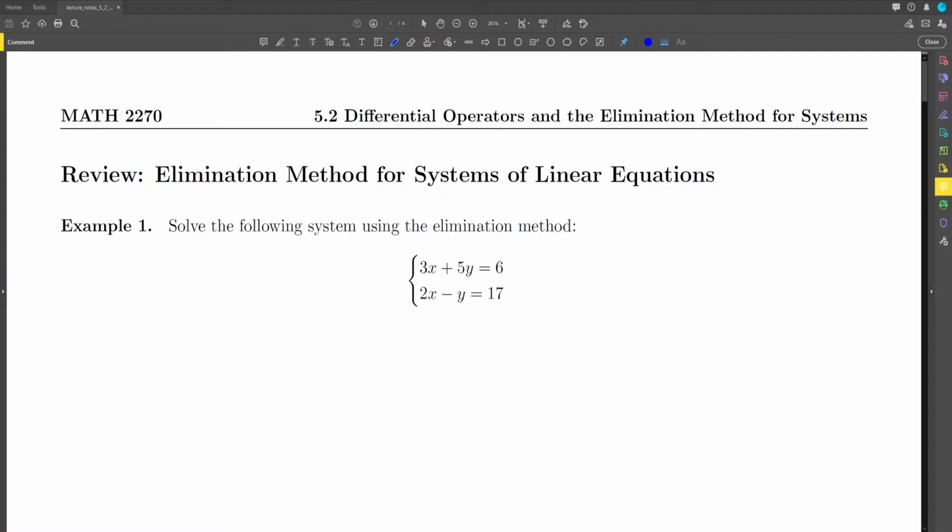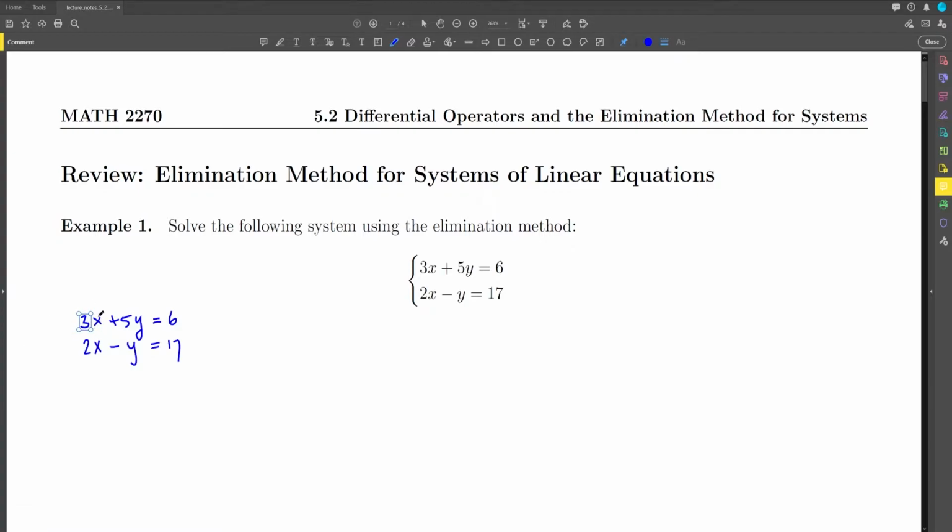So what we do here is we take the two equations and then we multiply them by a suitable constant and then add or subtract the equations.